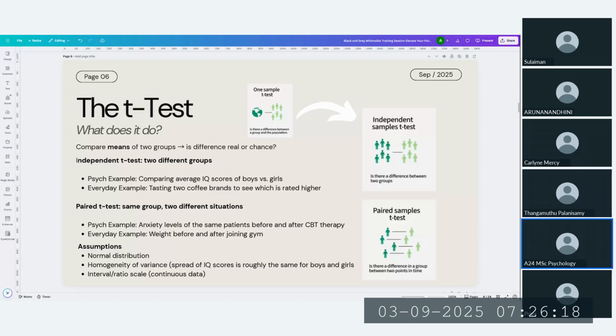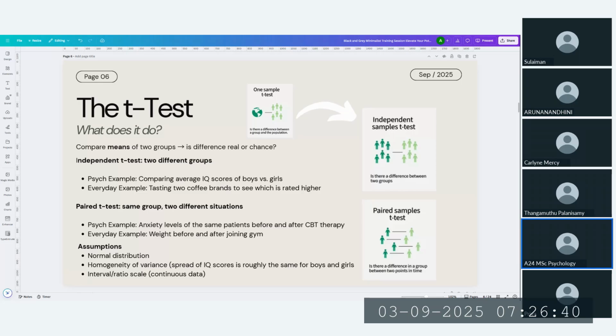Here, a paired t-test checks whether weight before and after something, any kind of therapy or any kind of intervention, differs. You will use scores on standardized tests to evaluate.